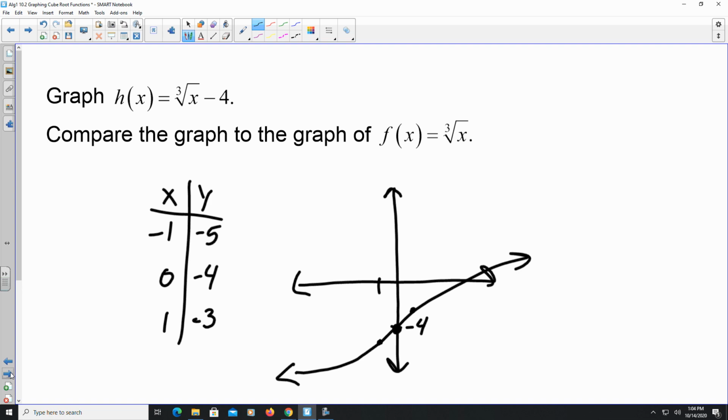You can check it if you have graphing calculator capabilities. When they want us to compare it, looking at this, there's neither a stretch nor a shrink for vertical. We can say that it translates, that it moved down 4 units.